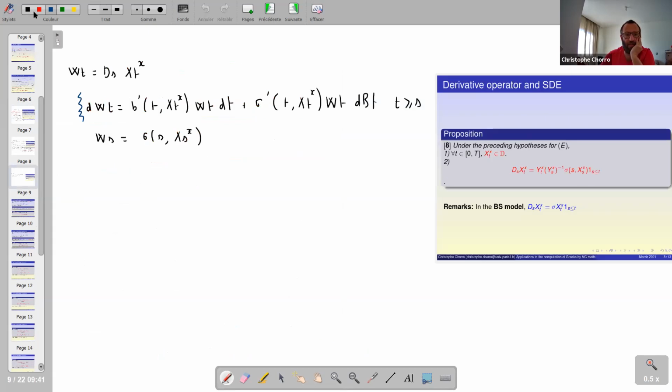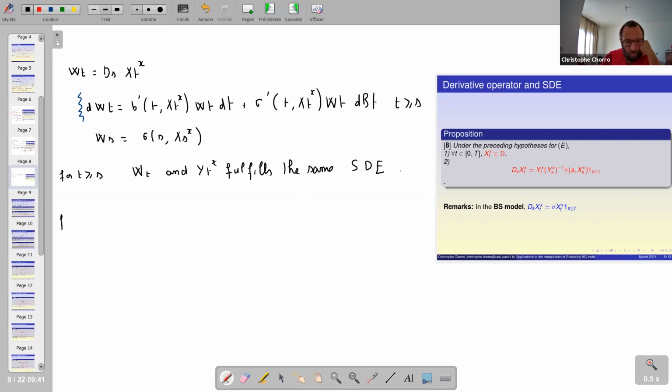So I can write that for t greater than s, Wt and Yt of x fulfill the same stochastic differential equation.